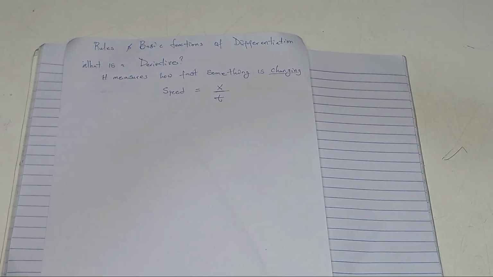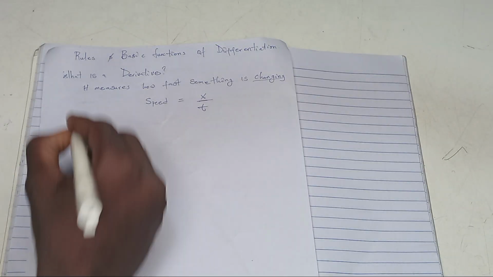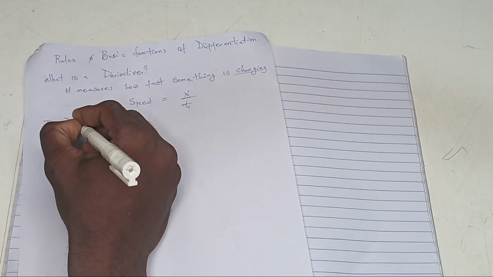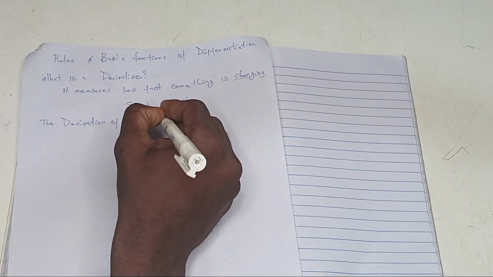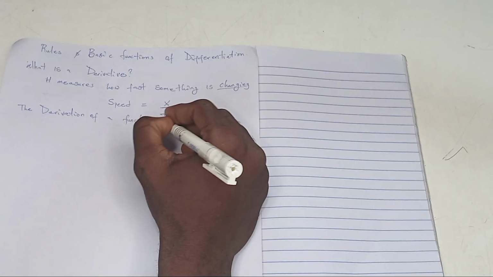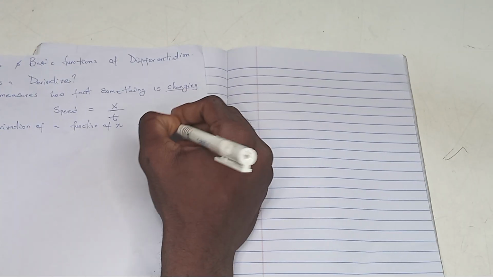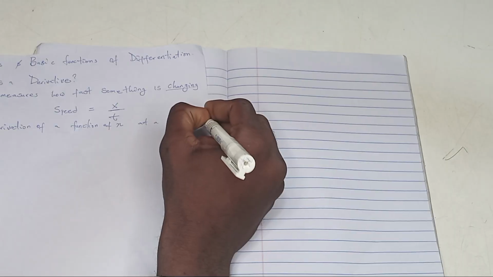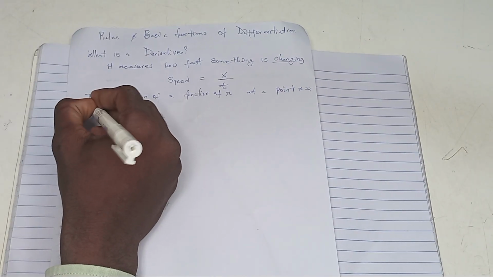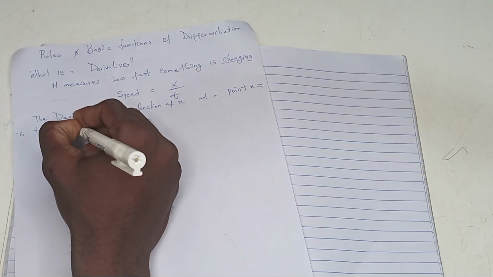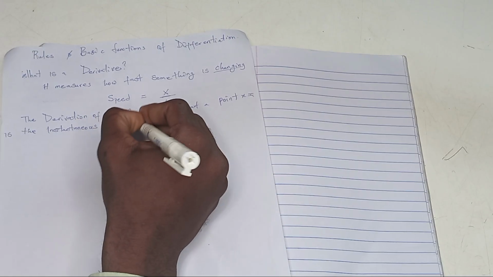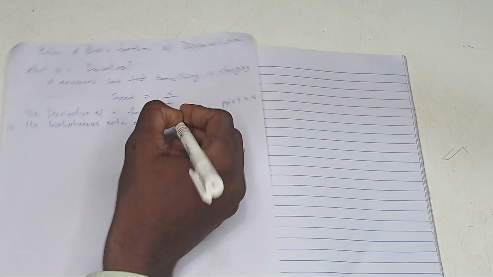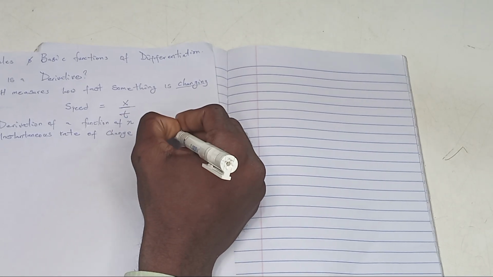So first, let me give a standard definition of a derivative. The derivative of a function of x at a point x equals a is the instantaneous rate of change of f at that point.